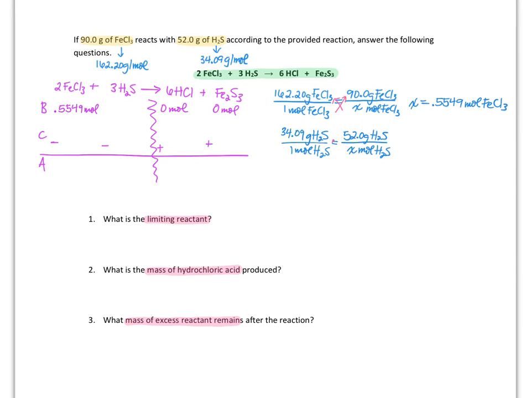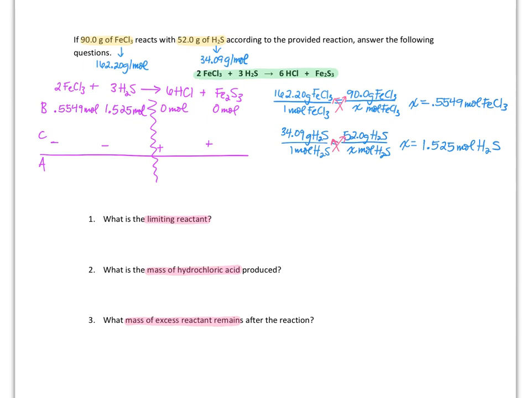Cross multiply, divide to find our X. And here we're going to end up with 1.525 moles of H2S. Now, notice here, again, I don't want to take any fewer significant figures into my BCA table than I have in the problem. I actually like to take 1 or 2 more, which is why I'm taking 4. So I'm going to add that into my table, 1.525 moles.